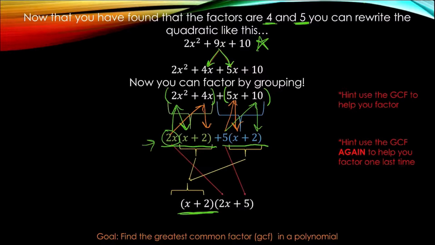I'm only left with the 2x, and that's what comes down to this term right here. Do the same thing with the 5 times x plus 2. I divide out that x plus 2, and I'm left with a positive 5, and that comes right here. We have now factored with a not being equal to 1.